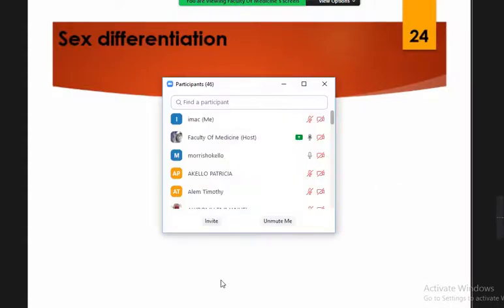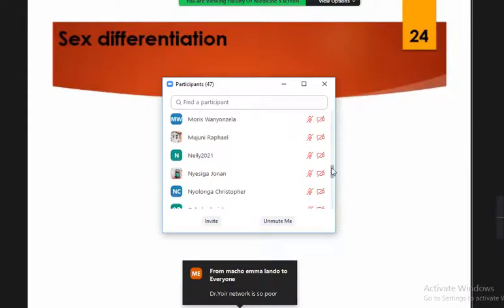I was expecting that actually the ladies are going to help us a lot when it comes to this area, given the fact that they always seem to have a vast experience when it comes to embryology of the genital system. So, Patricia, I would ask, at what time in life is sex determined?